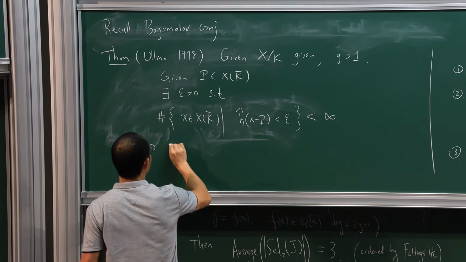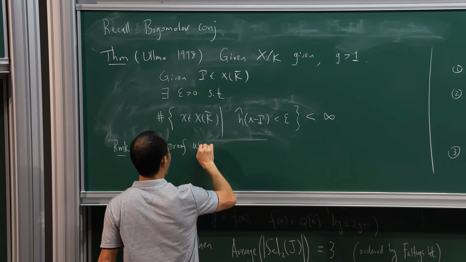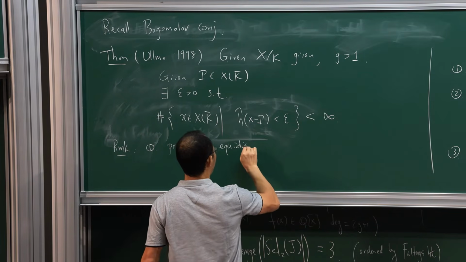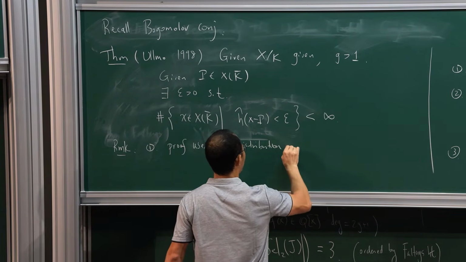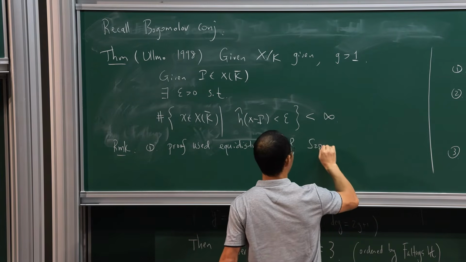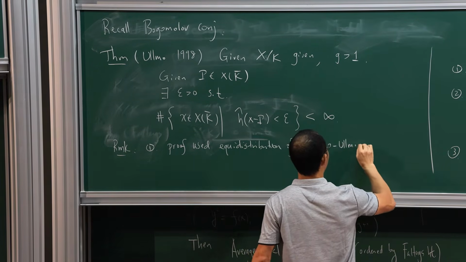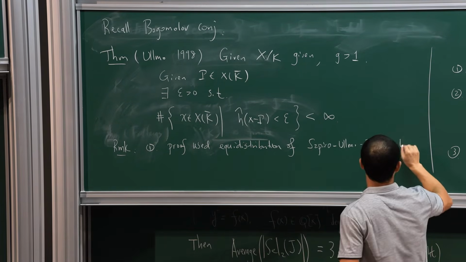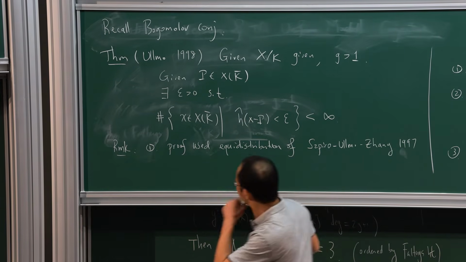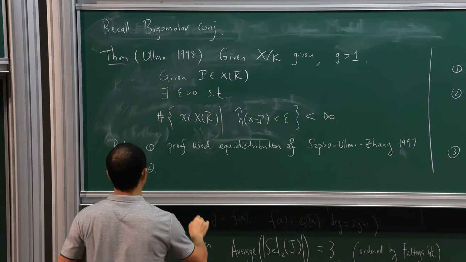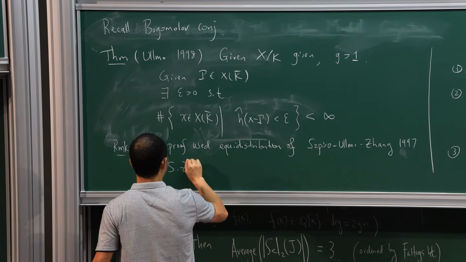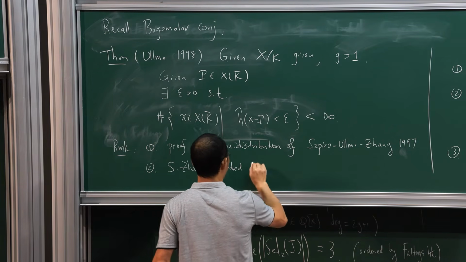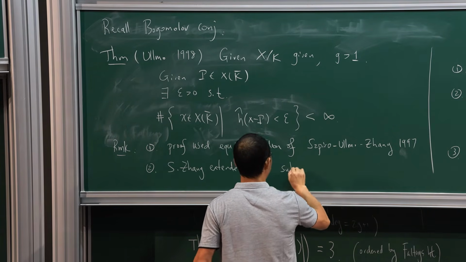First, this proof uses the equidistribution theorem of Szpiro-Ullmo-Zhang. That's maybe 96 or 97. And then Zhou Zhang extended it to the high-dimensional case, subvarieties of abelian varieties.